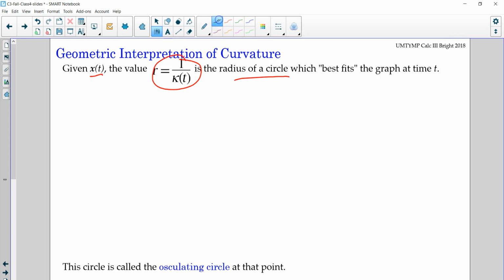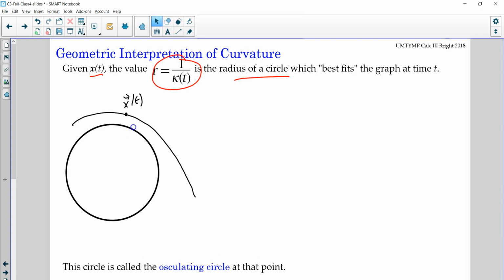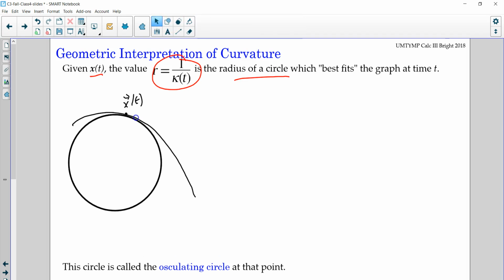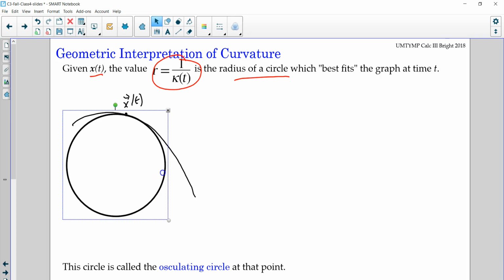And so if I have a curve like so, and I have a time x of t on here, then what I can do is take a circle and make it variable lengths and move it around. And so I can make a circle that can touch that curve at that point, and probably most of the other parts of the curve. Let's see if I can make this just a little bit better. That's maybe good. Okay.